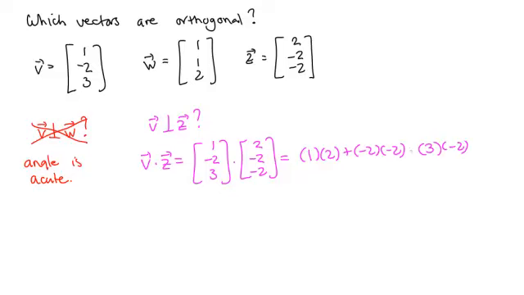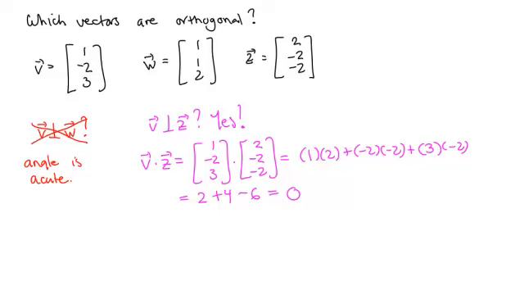And then we'll add these three values up. So that's going to get us 2 plus 4 minus 6. That's going to get me 6 minus 6, and that gets me 0. Since 0 is neither positive or negative, that tells me that these two are in fact orthogonal. So the answer to this question is yes.